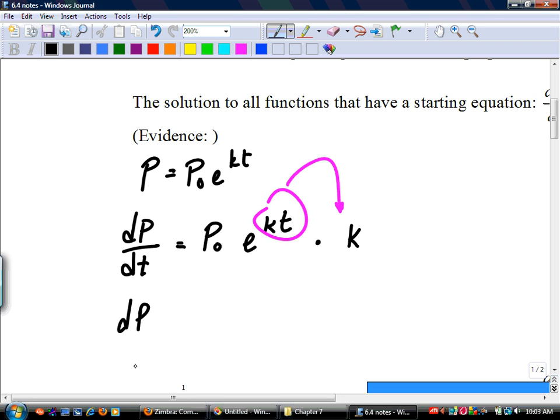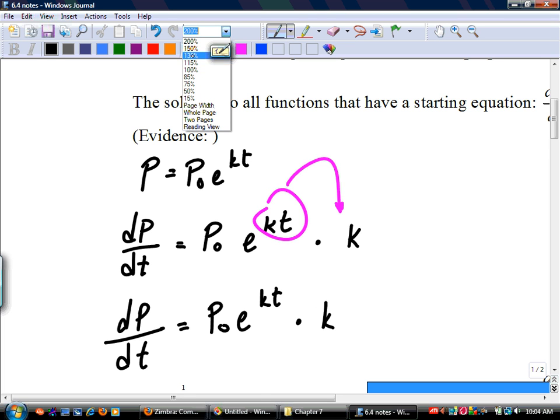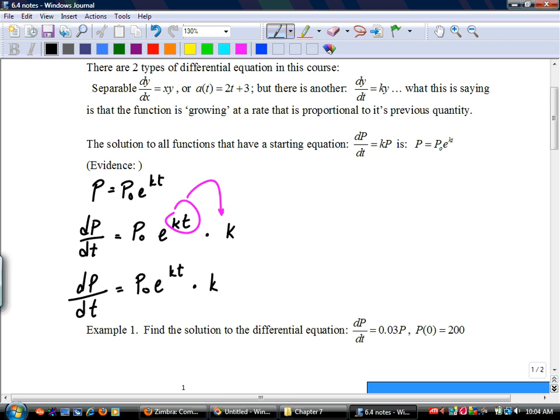I'm going to highlight what we started with. P0 is just the starting amount, the starting quantity. That's right here.